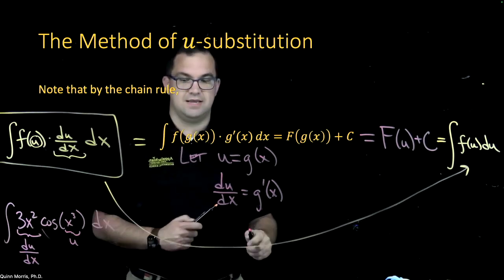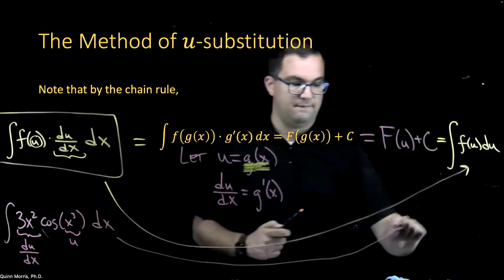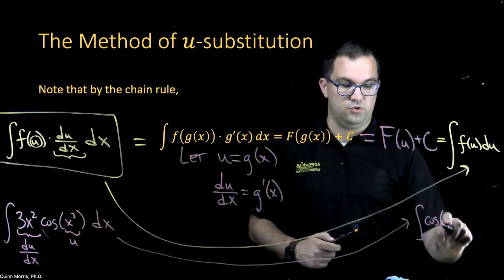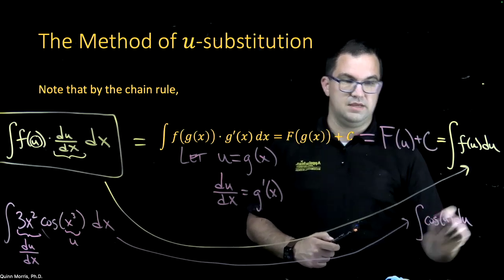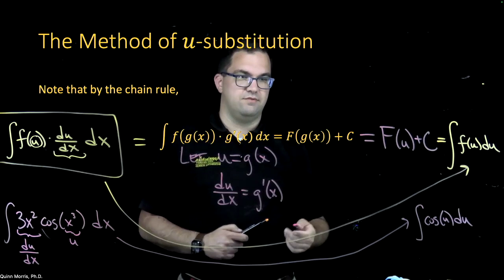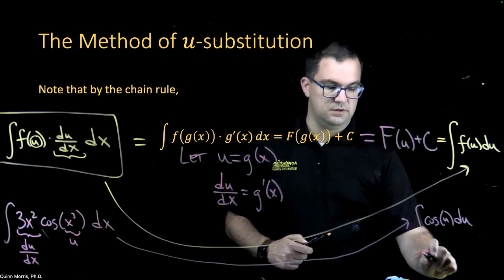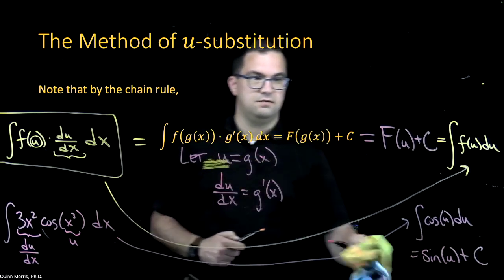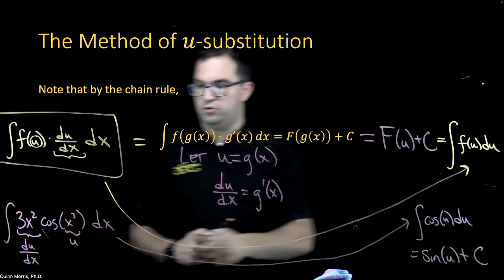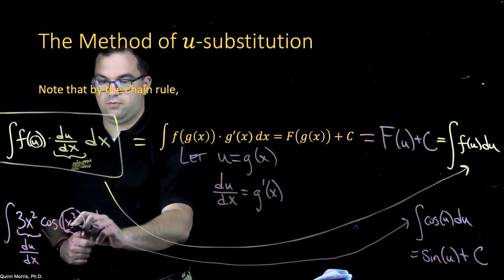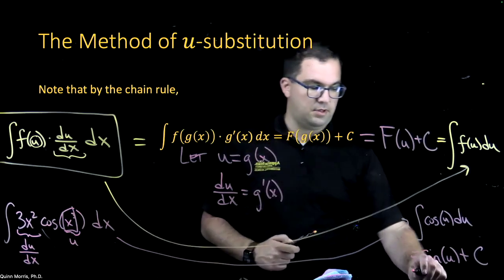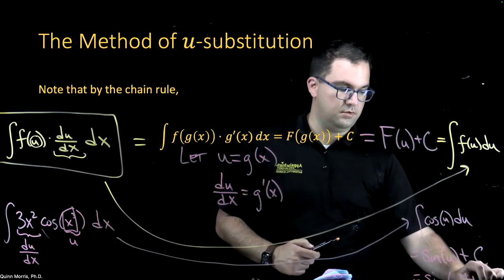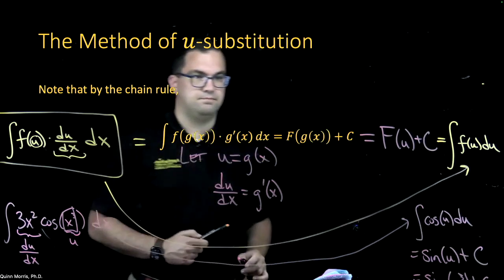And what this says is that if I want to do that, that's really the same as just integrating cosine of u du. Well, I know the antiderivative of cosine, that's just sine of u plus c. And now if I remember what u is, my u here was x cubed. And so plugging that back in, I would get sine of x cubed plus c.